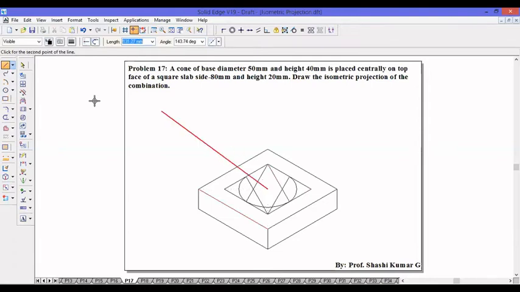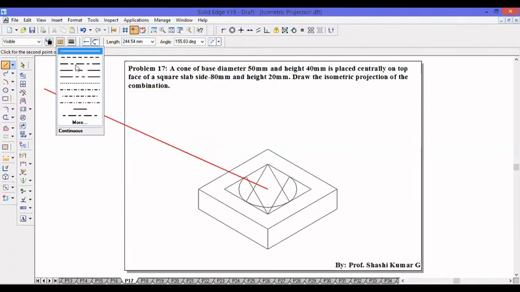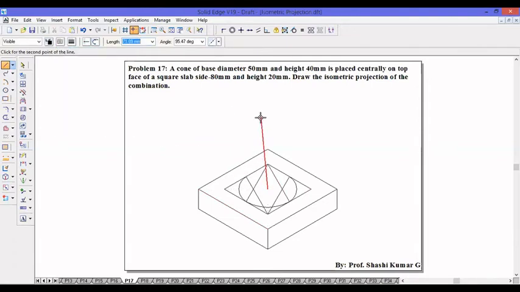Once again from there we need to take the height of the cone, which is 40 mm. So 40 mm at 90 degrees is coming on the corner itself. Go for continuous line and join the tangent lines to the corner and trim the unwanted construction lines.